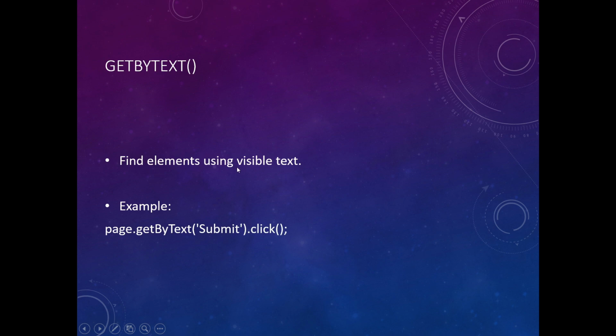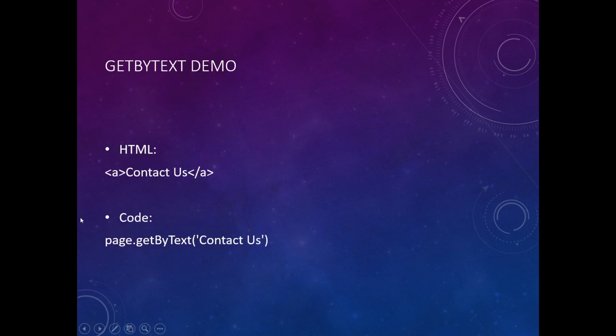Another Playwright locator is getByText. It finds an element using visible text. If you want to compare any text in a web application, you can use getByText. It will get the text of that element and you can perform the corresponding action, click or get the text, etc. In the getByText demo, you can see the anchor tag A, contact us.